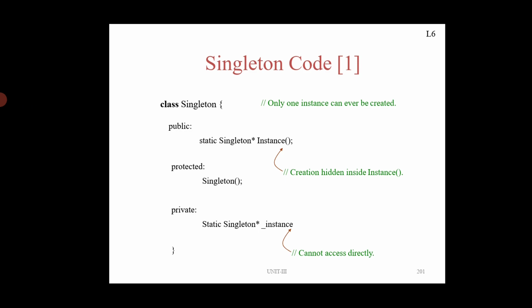And in the private access specifier, static Singleton asterisk underscore instance cannot be accessed directly. The main idea is that we can define the class operation in C++ with a static member function Instance of the singleton class. Understand up to now? A singleton also defines a static member variable underscore instance that contains a pointer to its unique instance.